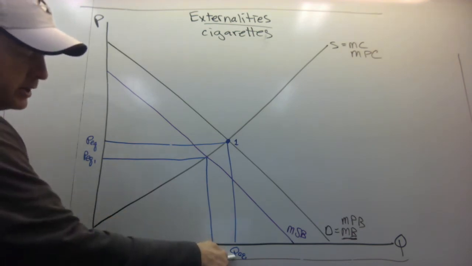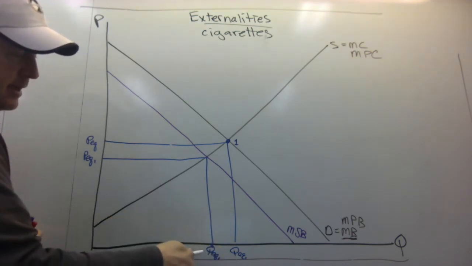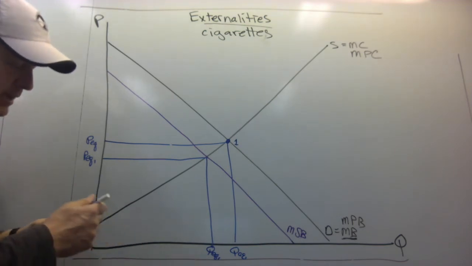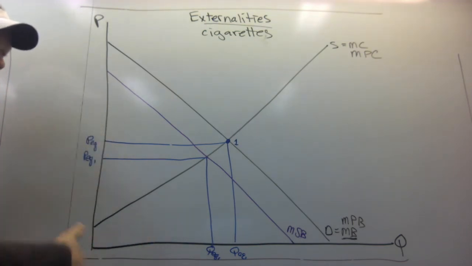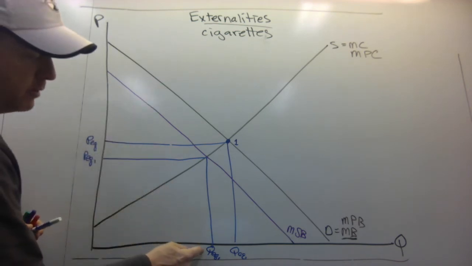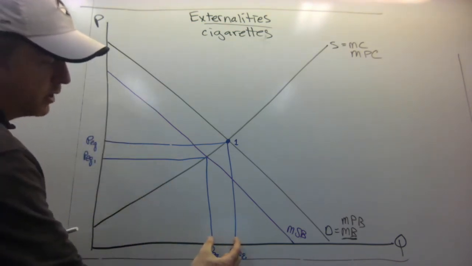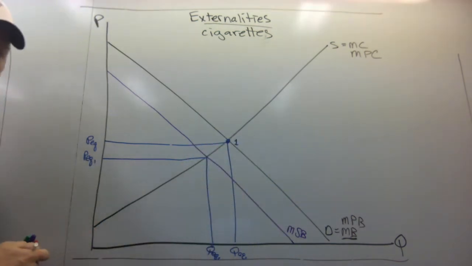So this is what the market determines, Qe. But if we consider the consequences of secondhand cigarette smoke and the effects for the social welfare of everybody, we really should be consuming Q1. In other words, we're over-allocating resources to cigarette consumption.